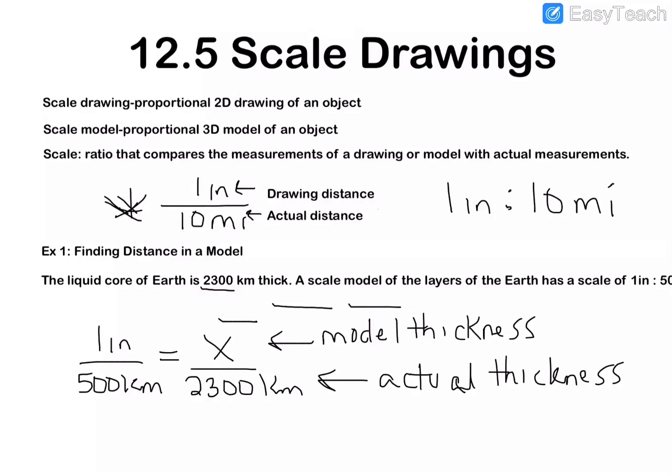Okay. So if you remember from our proportion lesson, the way we solve proportions is to cross multiply. We need to cross multiply. So 1 inch times 2,300 kilometers is 2,300 equals 500 times x is 500x.